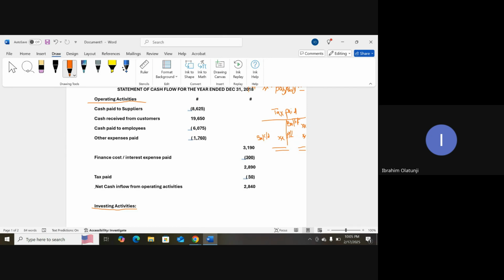That 40 million naira is called sales proceeds, and you are taking it towards investing activities. Take note of that. I'm not talking of the profit now. The amount that you received from disposing of your asset, we call it sales proceeds. Then it comes directly under investing activities.